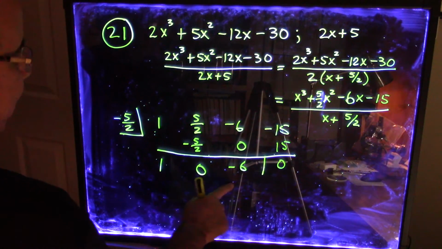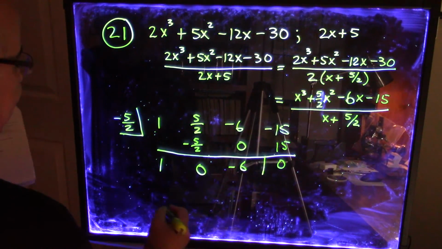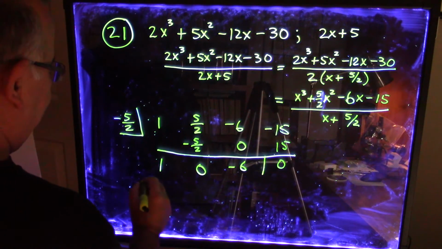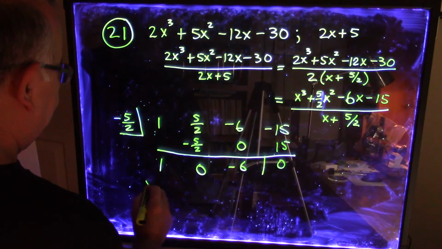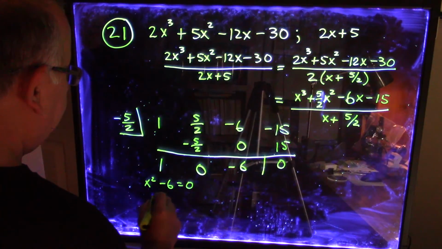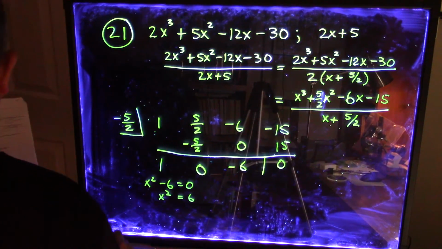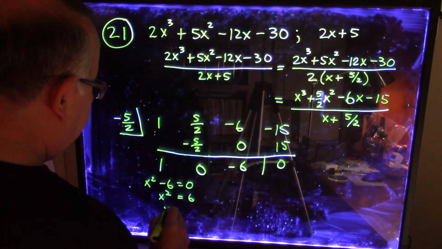Now we can use synthetic division again on this. That represents x squared minus 6. But it's a lot easier just to write x squared minus 6 equals 0 and solve. So x squared equals 6, and then take the square root of both sides.